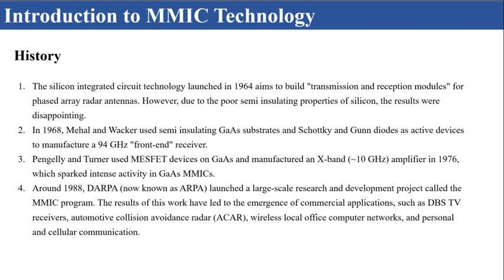Subsequently, someone used a MOSFET device on gallium arsenide and manufactured an amplifier in 1976, which sparked intense activity in gallium arsenide MMICs.